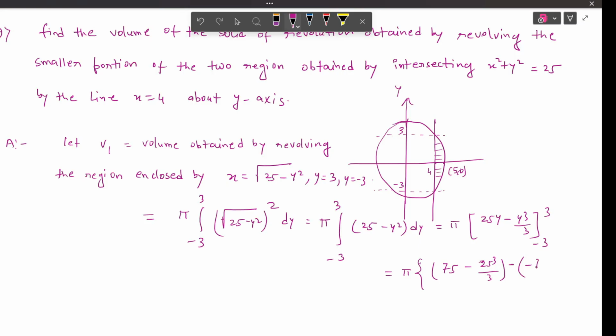This will be minus 75, and minus 3 cube would be, minus will come outside, so it will be plus 25 cube by 3.